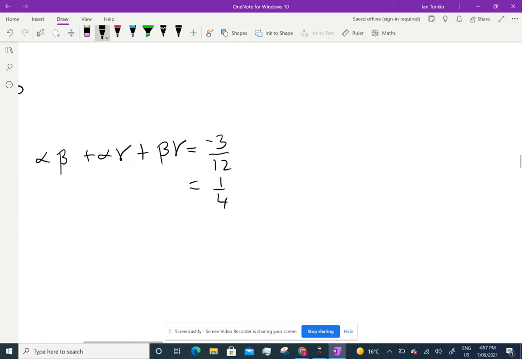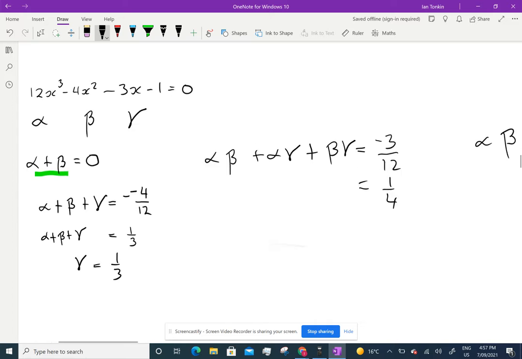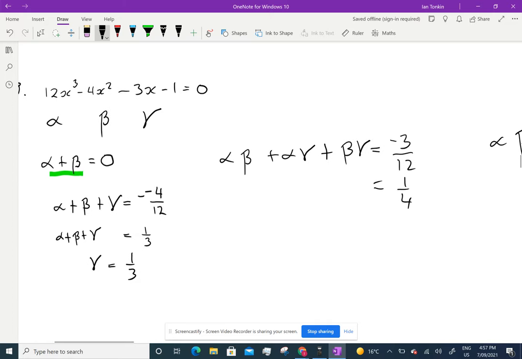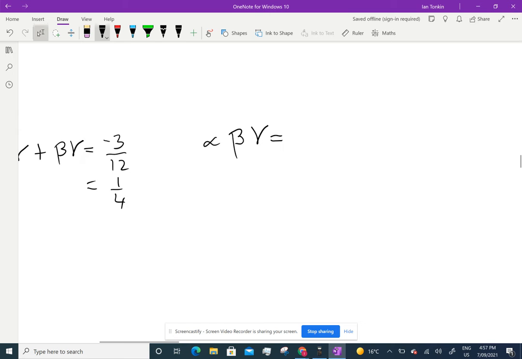Now, the other equation that we have is alpha, beta, gamma equals minus d on a, and that's minus 1 on 12. So alpha, beta, gamma equals a 12th.